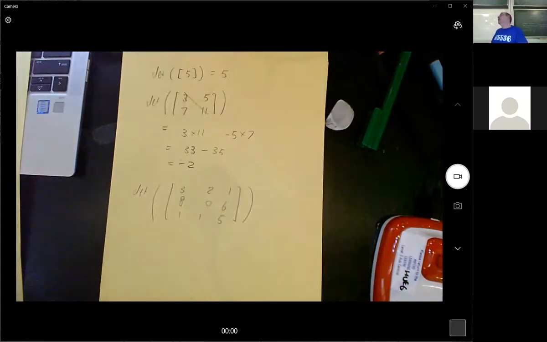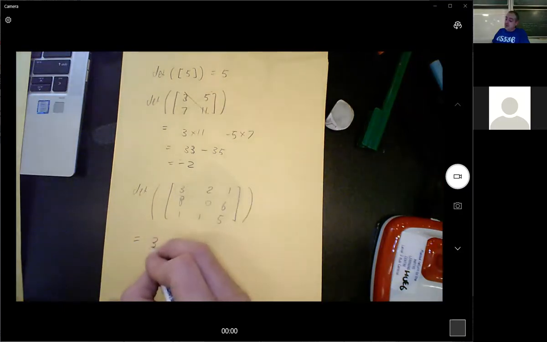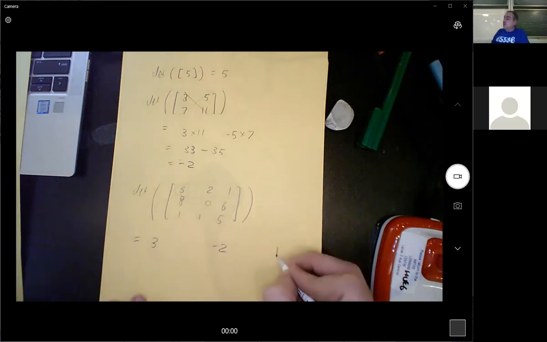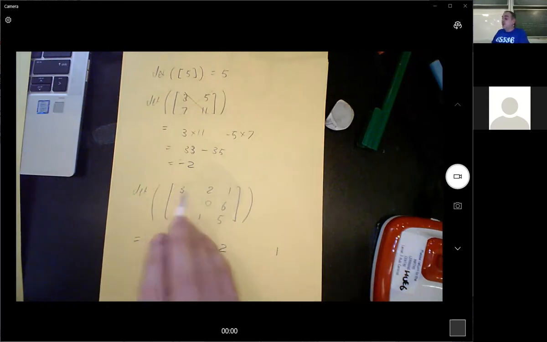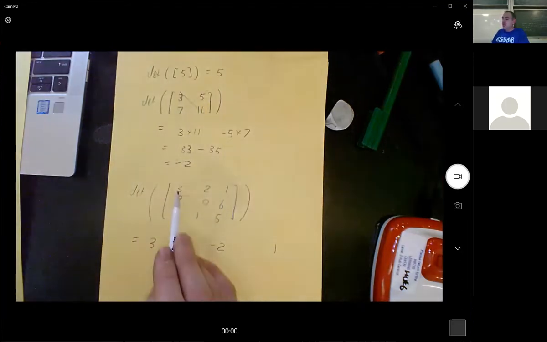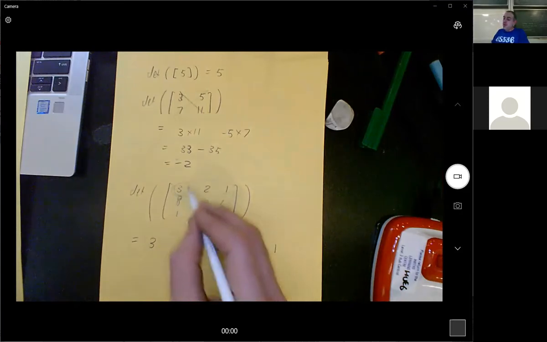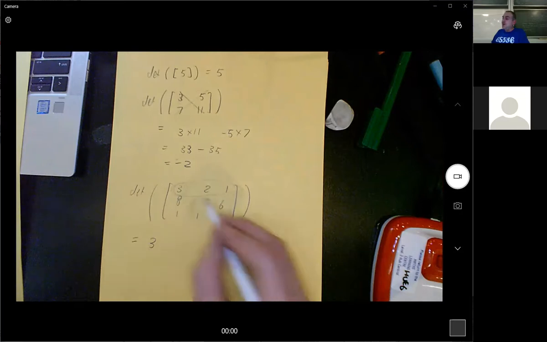So it doesn't matter which row or column you pick, but most people pick the first row, and you have 3 and -2 and +1. So you always alternate between plus and minus and plus. See here, this one I had plus and minus. This one's going to be 3 by 3, so it's going to be plus minus plus. And then the thing you multiply the 3 by is whatever this determinant is.